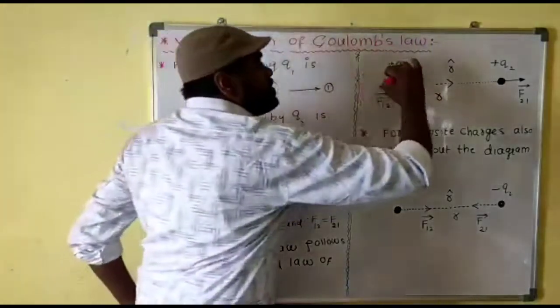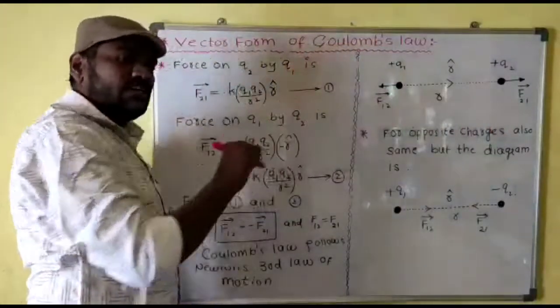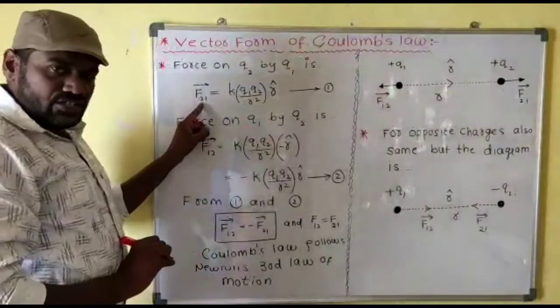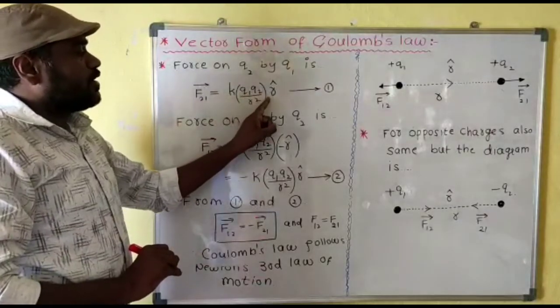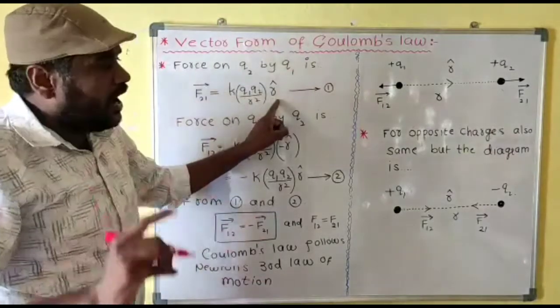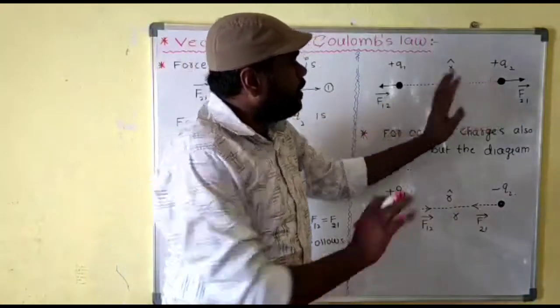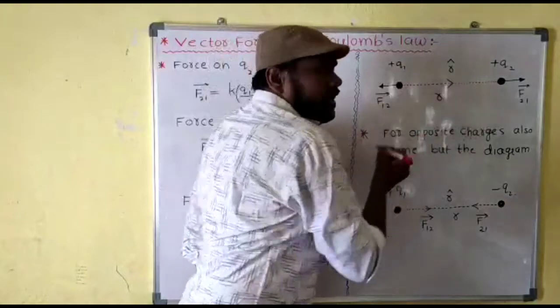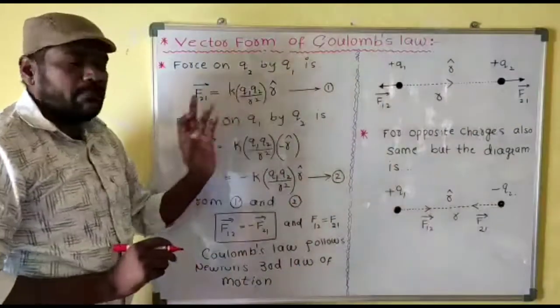It means the first charge applies a force on the second charge, and the second charge also applies a force on the first charge. The force on the second charge by the first charge is K Q1 Q2 by r square into r cap, equation number 1, and its direction I have given here. You see the arrow mark: r cap and F21 both are acting in the same direction. That's why here I have taken plus.